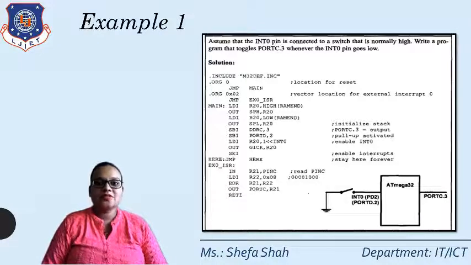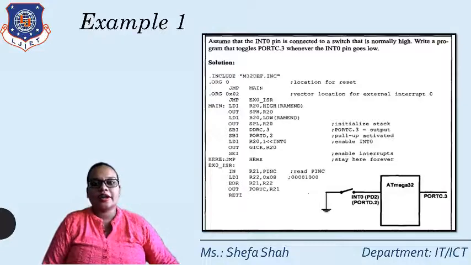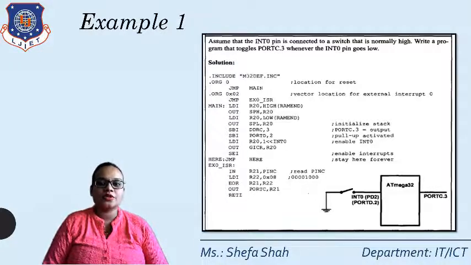So the third bit has been made 1, and the rest of the bits will be 0, and that data is XORed with the data of port C. So LDI R22, 0x08, that means the third pin is now 1, and then we perform the EOR operation, that is XOR, with R21 and R22. So the third bit will be toggled, and that data will be transferred to port C using the OUT instruction. So OUT PORTC comma R21, and the last instruction will be RETI, that is return from the interrupt.